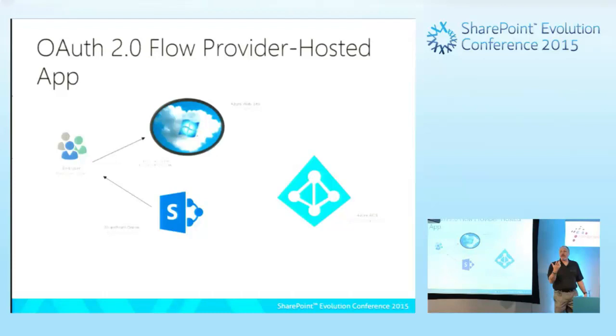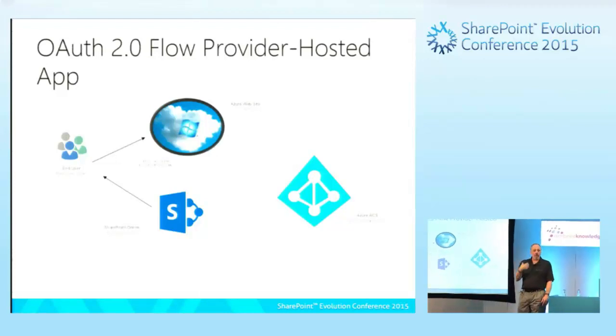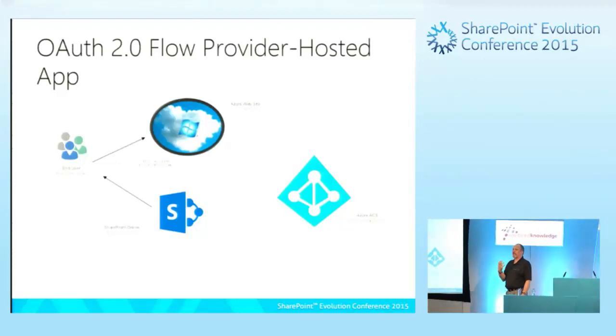The entry point of my app, the app start page, gets a post that has parameters, which you've probably seen before. There's a host URL, the app web URL. But in the body of the request is the actual context token.